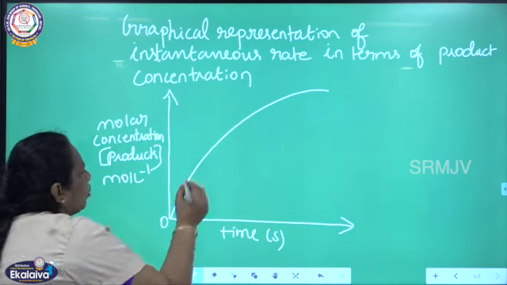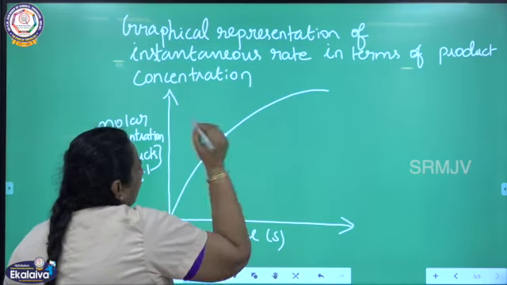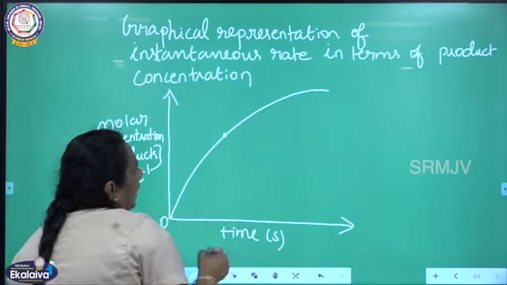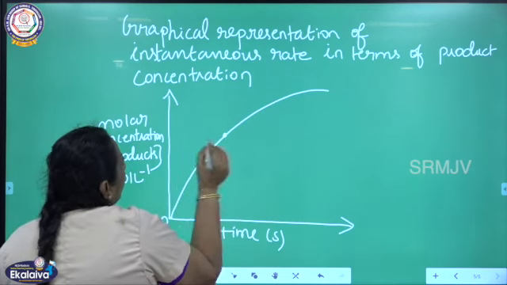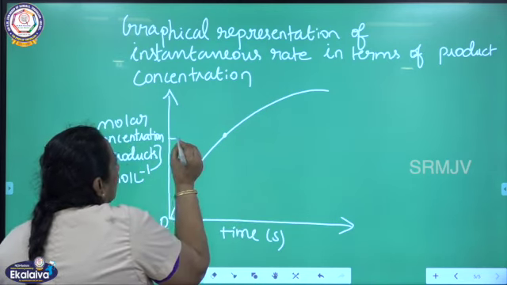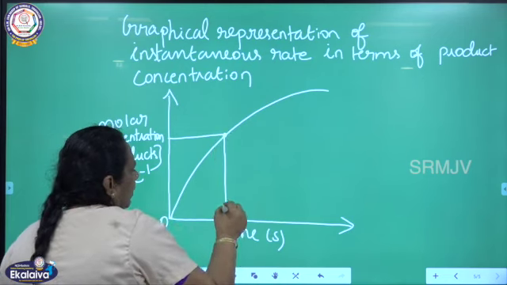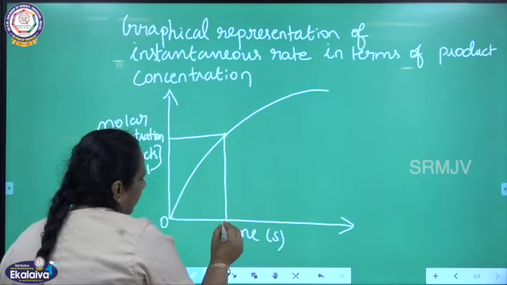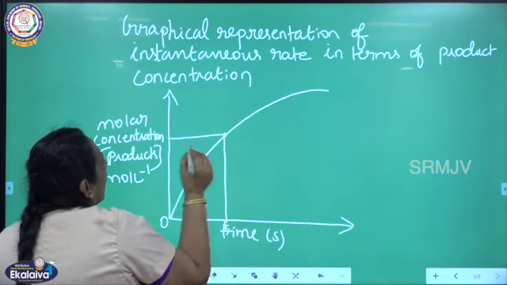I wanted to know the concentration of the product at this point of time, or this instant of time. So I can show the R instantaneous at this point. At this point I wanted to know the concentration of the product with respect to time. I am taking it as T1.